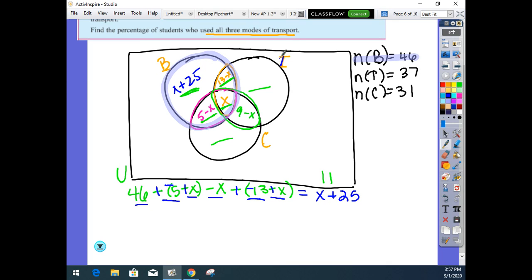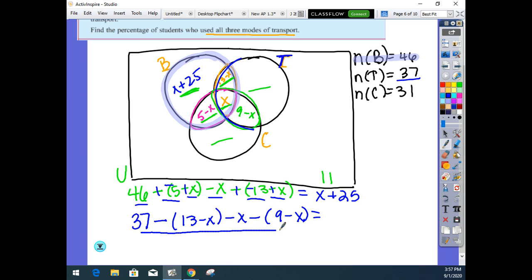So now I'm going to do my train. That's 37. So 37 minus everything in the train circle. 13 minus x, minus x, minus 9 minus x. Then I'm going to simplify all my like terms all together.